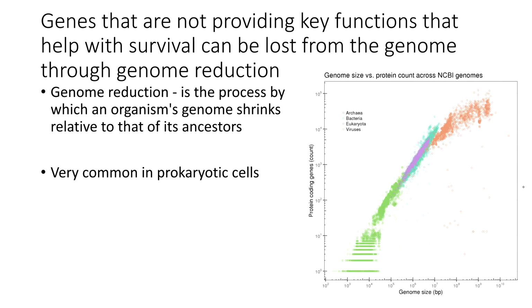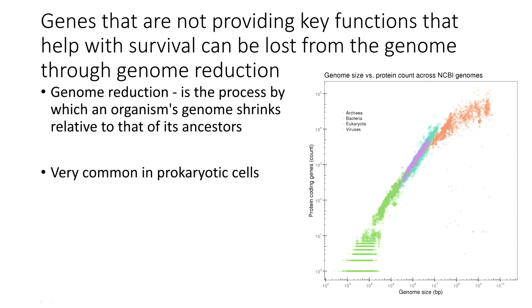In addition to all these new functionalities and gaining things in your genome, there is also the ability of prokaryotes to shed non-essential things. This is called genome reduction, and it's very common in prokaryotic cells, which is one of the reasons that you can see here the number of protein coding genes and the genome size is very closely related for prokaryotes, as well as viruses to a lesser extent.